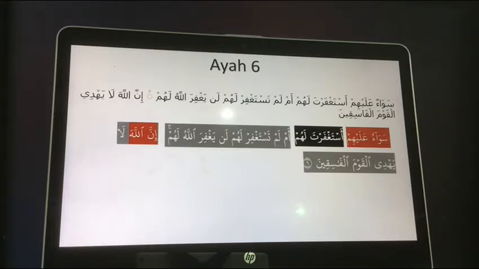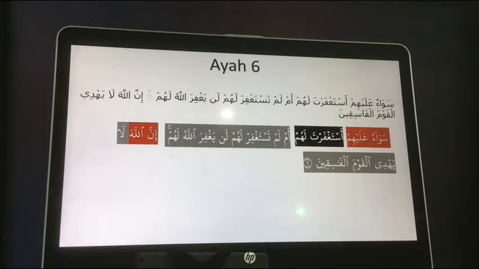Because the first alif is not part of istaghfar. There's istaghfarta actually. But when you have the question hamza, alif with a hamza with a fatha, and then the word istaghfar, when the Arabs have two alifs side by side, they vanish one. The alif part has merged into the hamza. So the hamza means you are making a question: did you forgive them?